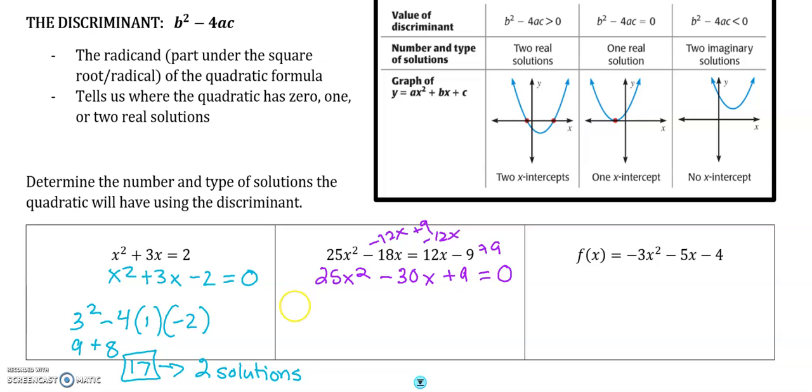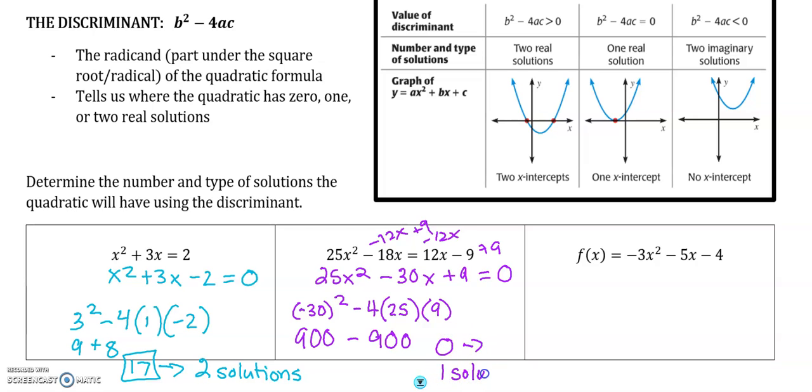I'm going to take my discriminant here, which is b squared minus 4 times a times c. 30 squared is 900. Negative 4 times 25 is going to be negative 100. Times 9 would be negative 900. 900 minus 900 is 0, which leads me to 1 solution. Under the discriminant, we've got a value of 0.